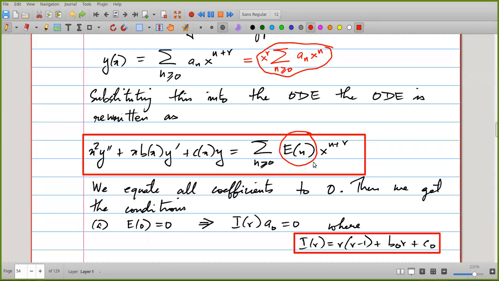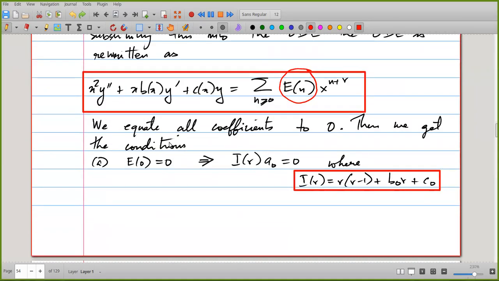So the point is E_0 is equal to I(r) times a_0. If we want E_0 to be 0, then we want I(r) a_0 to be 0. Here I(r) is the indicial equation, which is very important, and I suggest you remember this indicial equation. In the quiz, which is going to happen on Tuesday, there's going to be one question related to this.